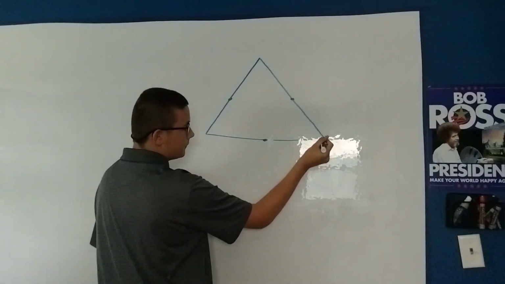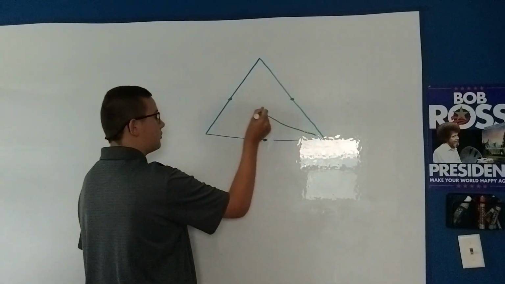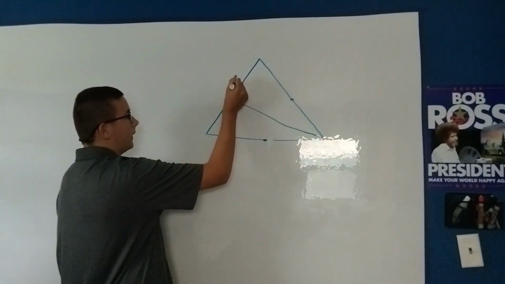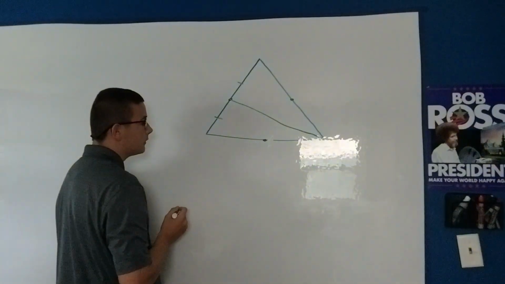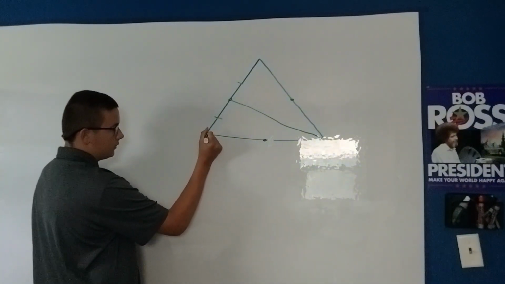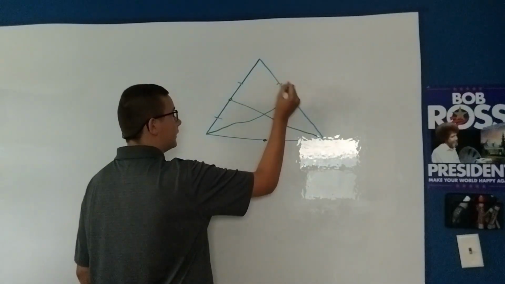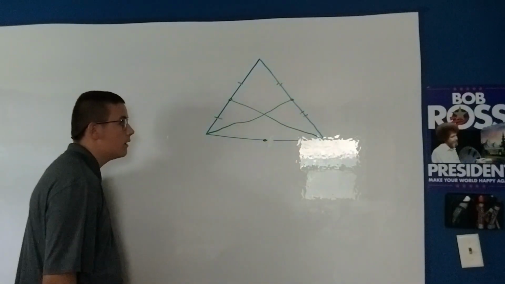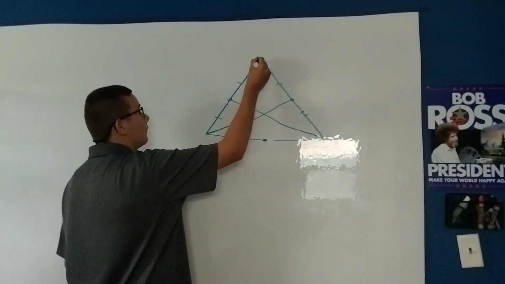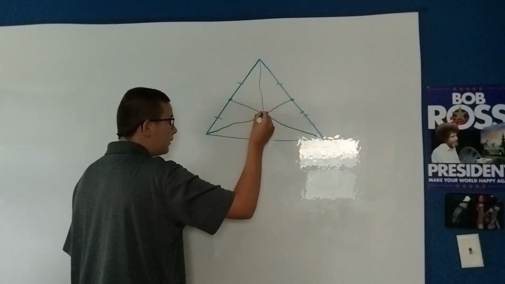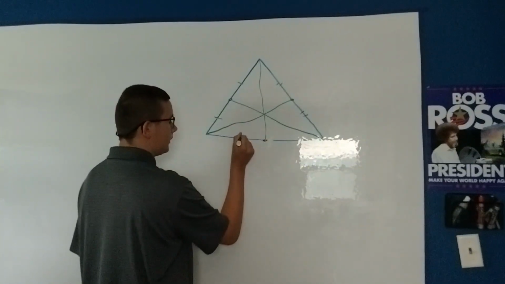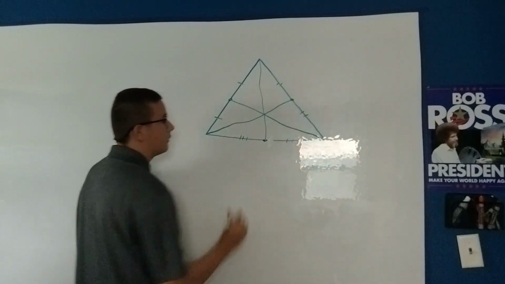And if I come out of the vertex and make a straight line to this midpoint, again, that's going to cut that perfectly in half. Then I'm going to take a straight line here to that midpoint, and it cuts that perfectly in half. Then I take a straight line here from this vertex down to that midpoint, and it cuts this perfectly in half.